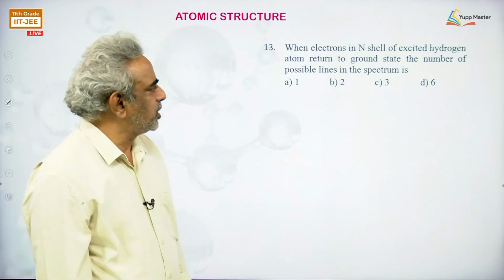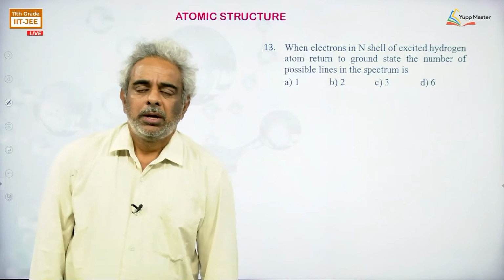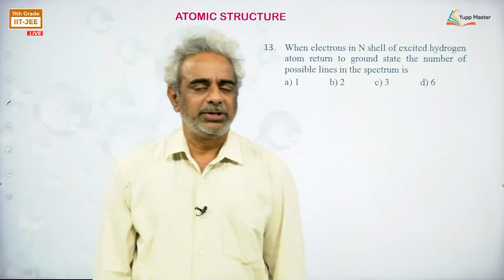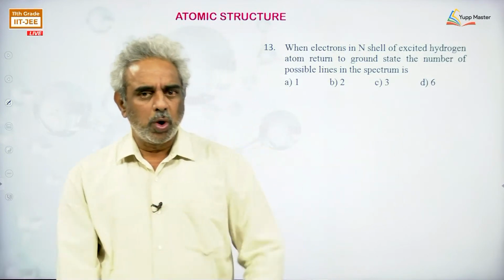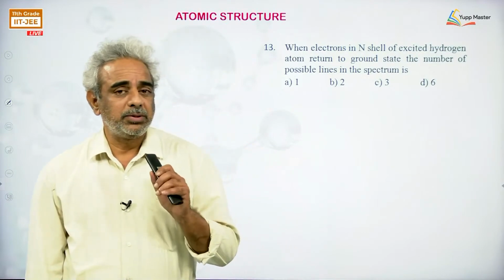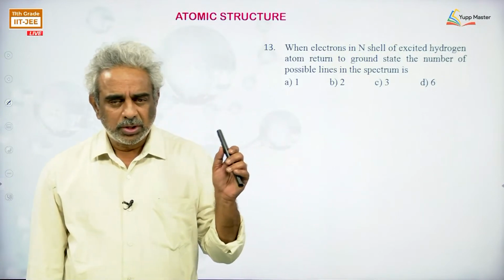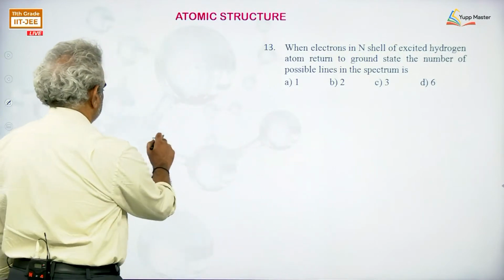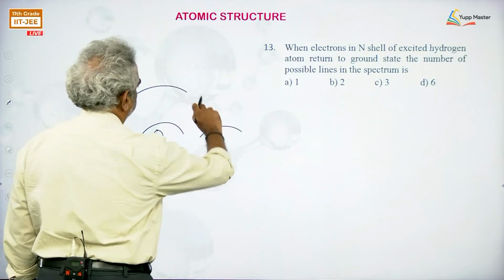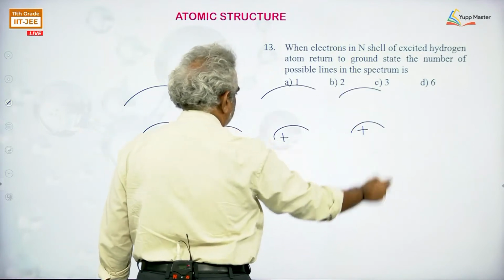When electrons in N shell are excited, and the hydrogen atom returns to ground state, what is the number of possible lines? I think in previous class I mentioned, if you know the limits of the orbits, between two orbits how many spectral lines are possible? Dear students, please don't forget the fact, this is statistical analysis. Suppose you have got hydrogen, one more hydrogen, one more hydrogen, like this.